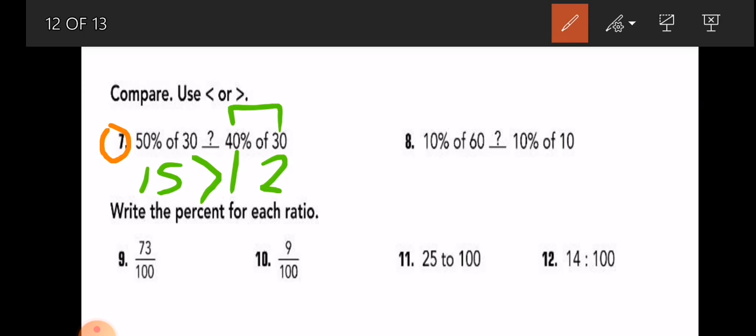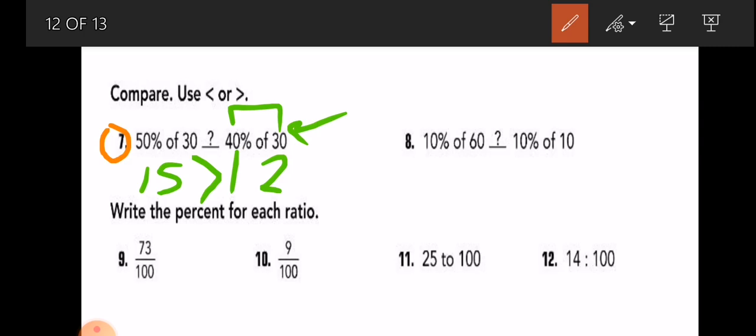This one. After we got the answer, I want you to watch the same question again. Here, if I took 50%, 50 parts from the 100, and I also want the 30, if I cut it into 100 parts and took 50 of it, will it be greater, or the 30 cut also into 100 parts and took 40 of it? Sure, the 50%. So this one can be done mentally without working out the answer. I showed you how to answer if you want to do it by steps.